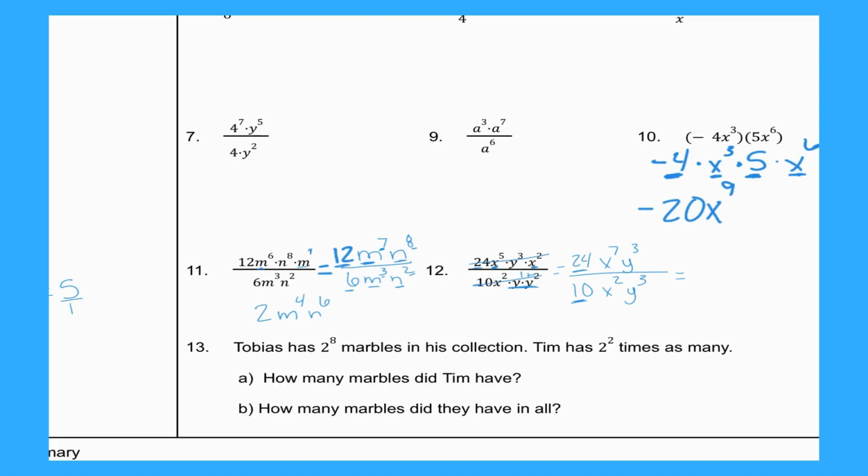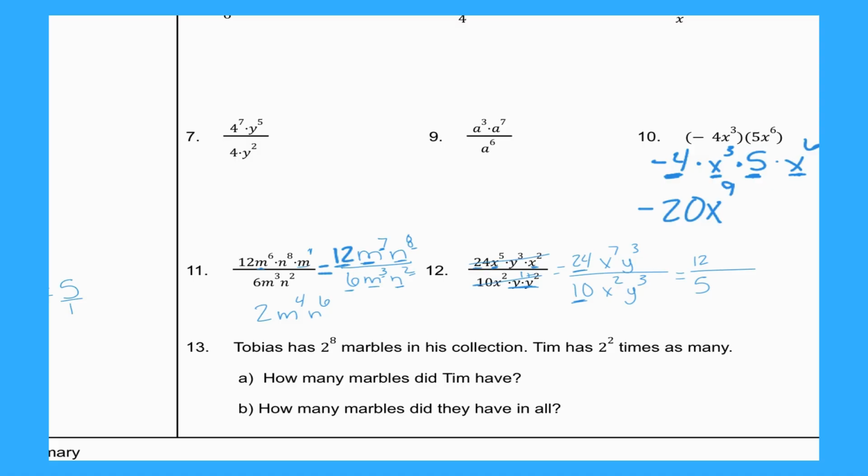So instead, I'm going to reduce this number. How can I reduce 24 and 10? I can divide them both by 2. So 24 divided by 2 is 12. 10 divided by 2 is 5. So unlike number 11 where we didn't have a denominator, I still have a 5 in the denominator.